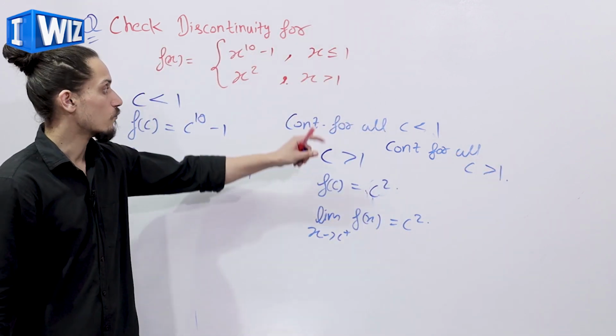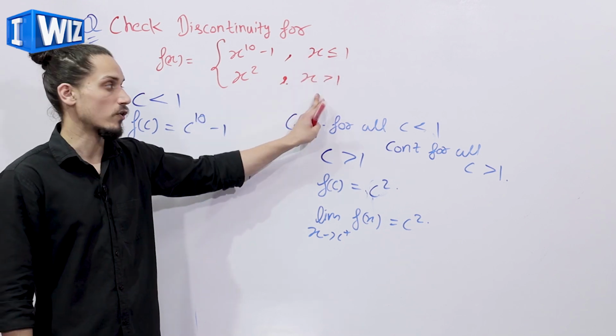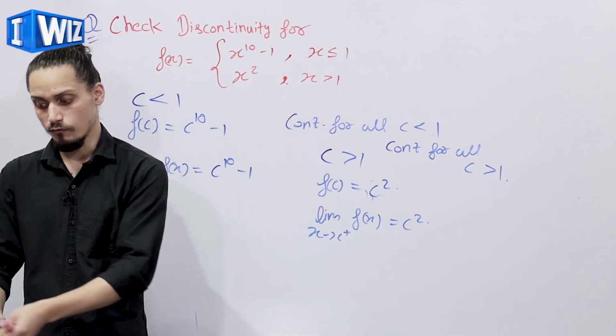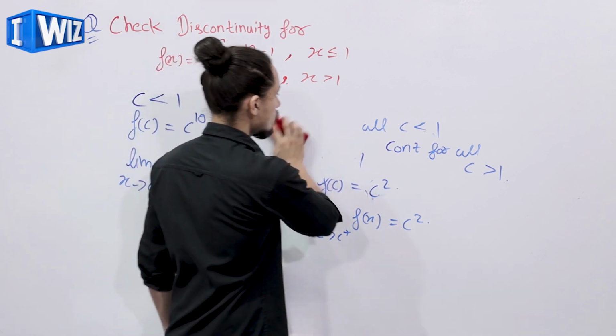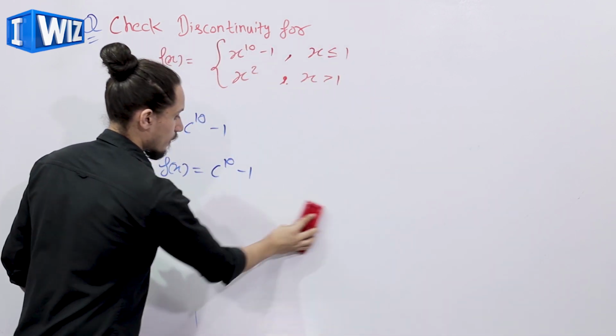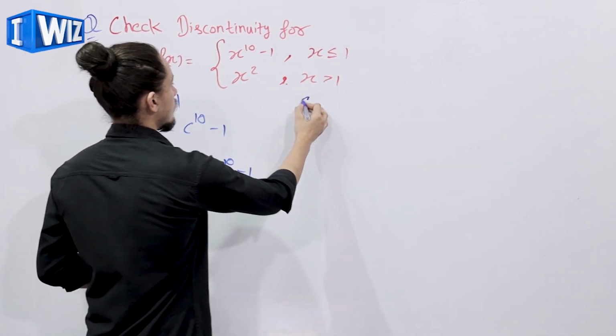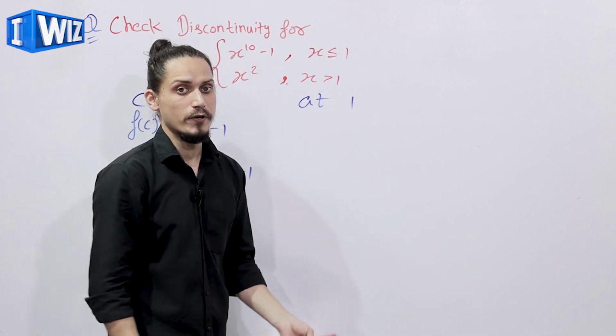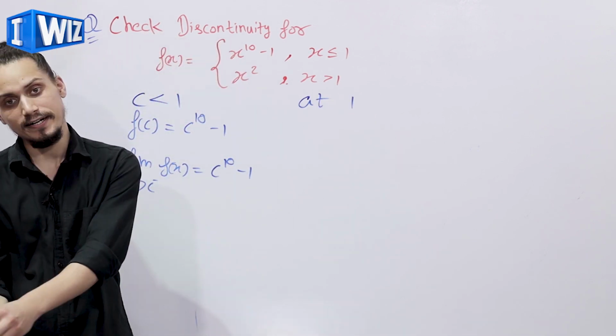It is continuous for a number less than 1, continuous for a number greater than 1. What about the number 1? At 1, we'll check its continuity by using left hand limit and right hand limit.